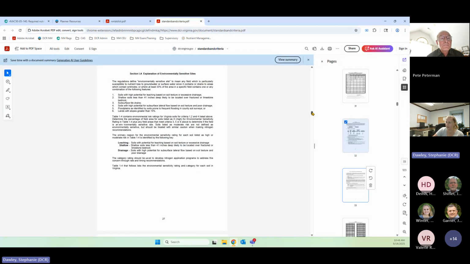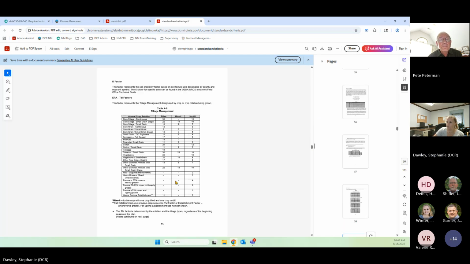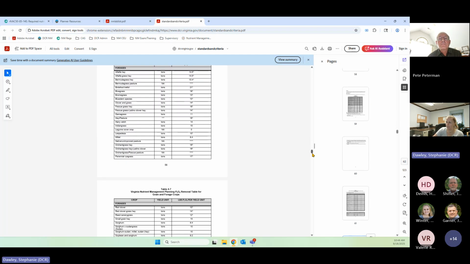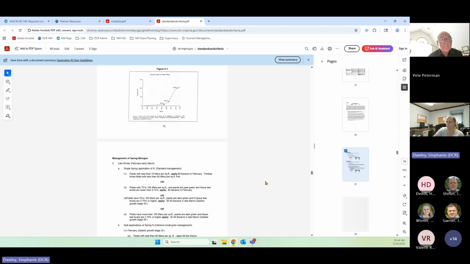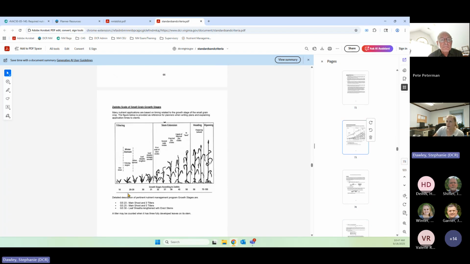It's way back in the wheat section. If we want to jump back here, we went past it. Here's where it talks about our growth stage. So we went back. I apologize. I got sidetracked by splitting nitrogen. But right now we're talking about putting manure still on fields in the winter.